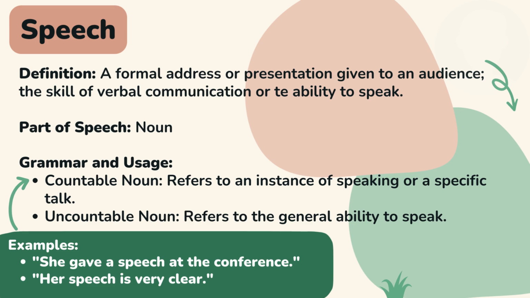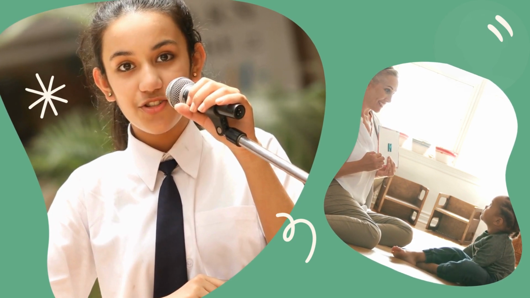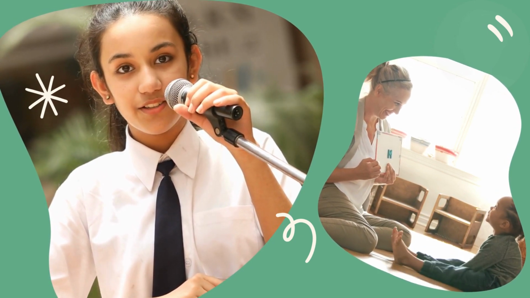Now, some common mistakes are he gave a speak. Let's say this rather. He gave a speech. Speak is a verb and speech is a noun. So remember, it's he gave a speech and not he gave a speak.